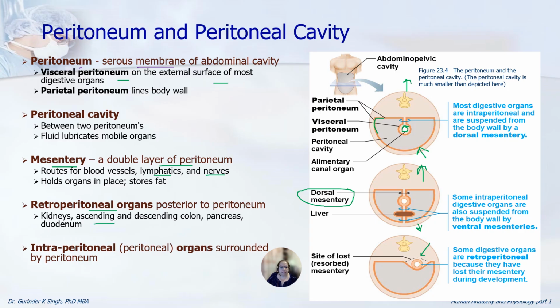Part of your ascending and descending colon, your pancreas, and even part of your duodenum are retroperitoneal. They move towards the back side. Okay. Then we also have a number of organs which are actually enclosed inside these peritoneal layers between the two of them, and these are called intraperitoneal organs, and they are surrounded by this peritoneum.